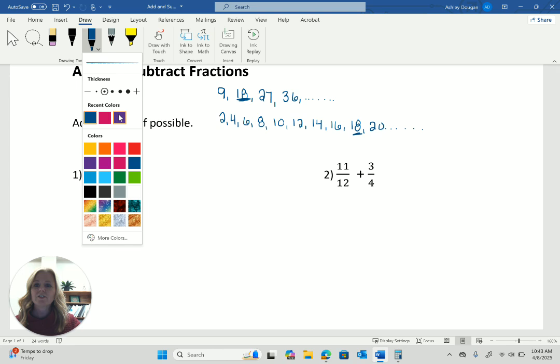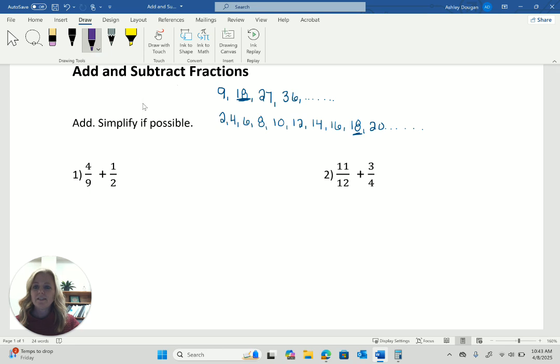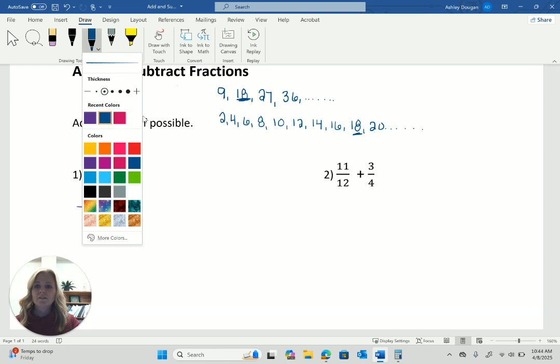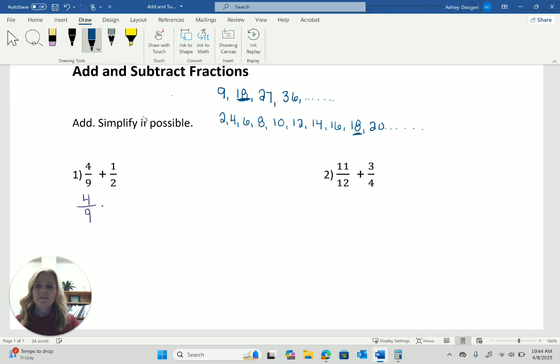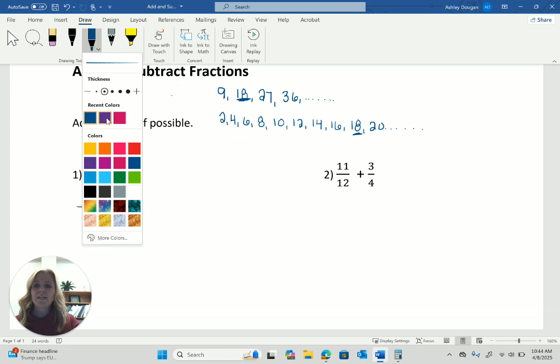Let's look at this first fraction. I want the denominator to be 18. So what can I multiply 9 by that would give me 18? Well, if I say 9 times 2, if I multiply the first fraction by 2, that would give me 8 over 18.